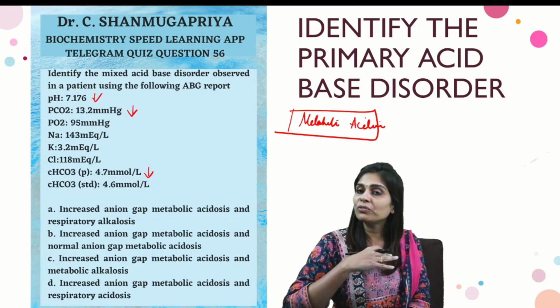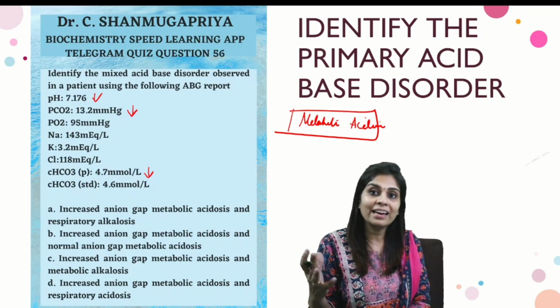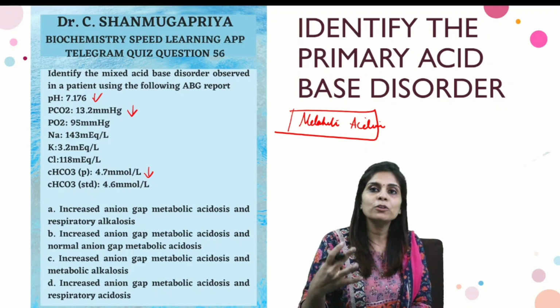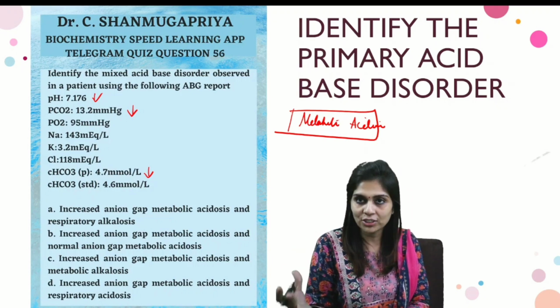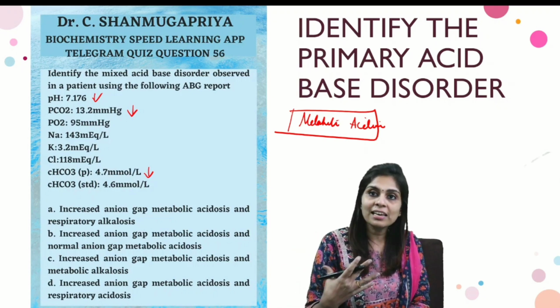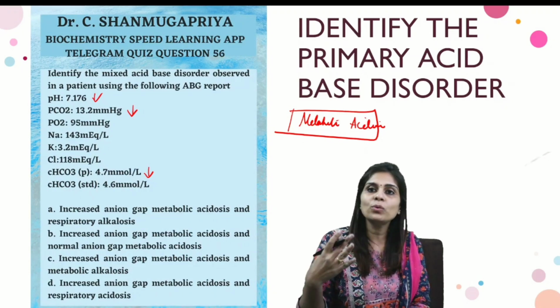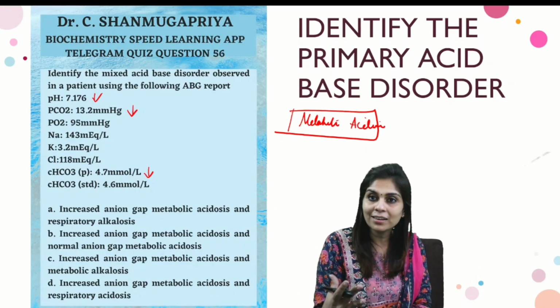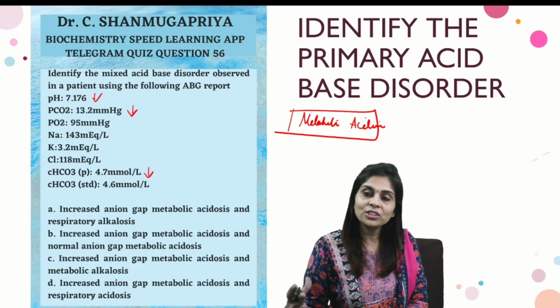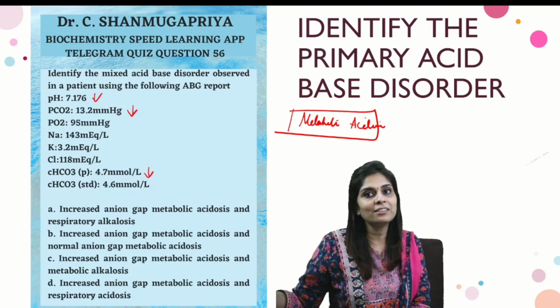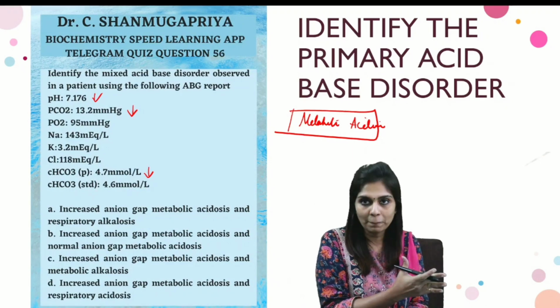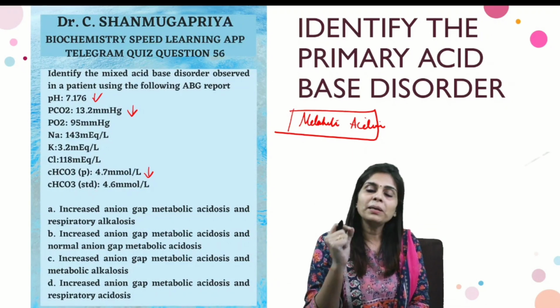Now, irrespective of the primary acid-base disorder diagnosed in an ABG report, step number 2 is to calculate compensation. If you ask me why I should calculate compensation, it is mainly to identify if it's an uncompensated condition or a compensated condition, or a mixed acid-base disorder, which we'll identify in a short while. Now, what do you mean by compensation?